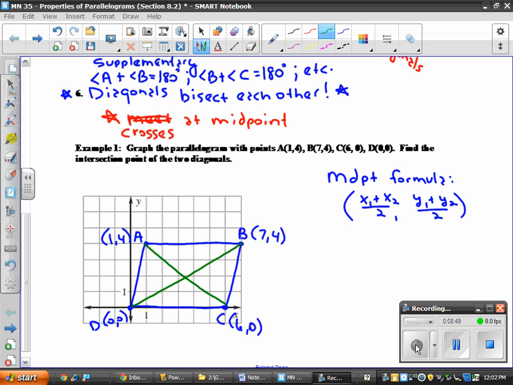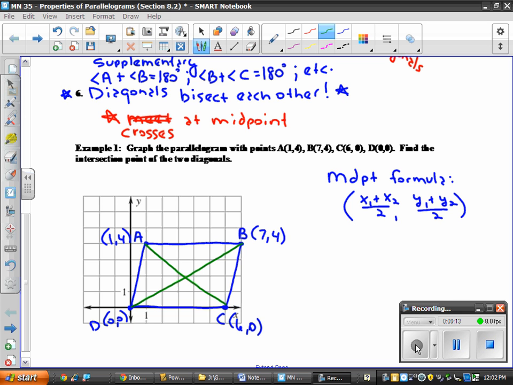Welcome back, ladies and gentlemen. So right now I have my parallelogram graphed, as well as I would hope you have yours. And notice I not only labeled my vertices with A, B, C, D, I also labeled them with the points, and you're going to see where that's really helpful here in about 2 seconds. The midpoint formula I have listed up here in case you need that as a review. And I drew in my diagonals.